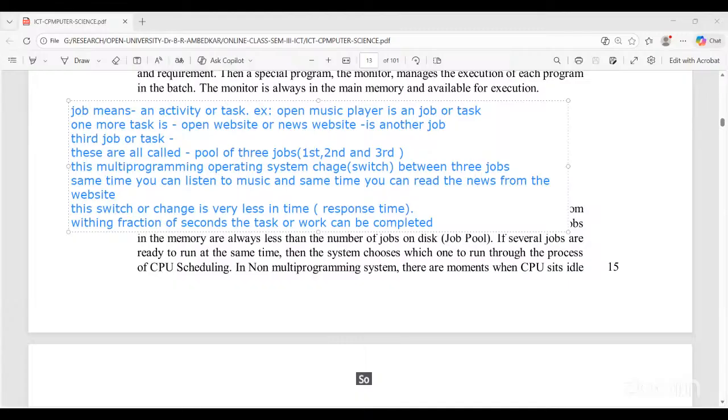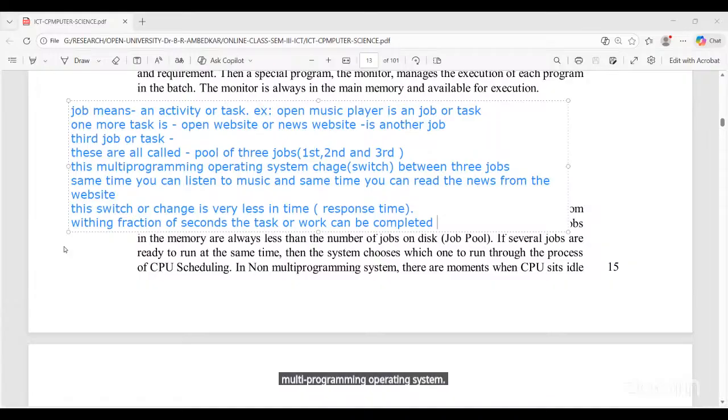We cannot say it is a huge time. The time is very less. This is the multi-programming operating system.